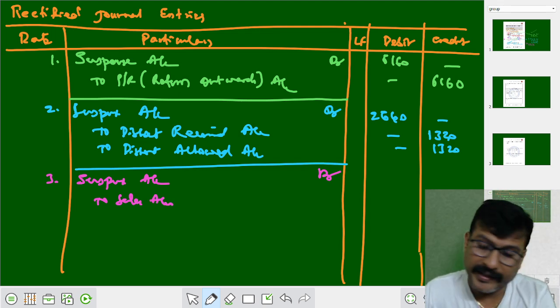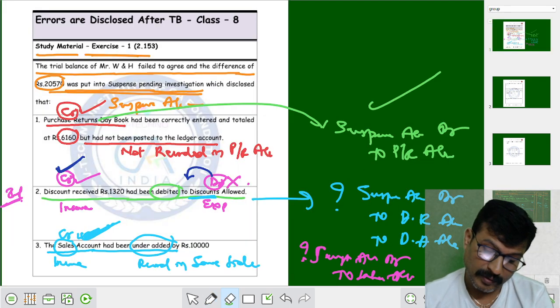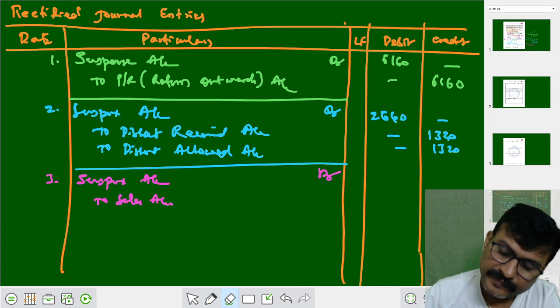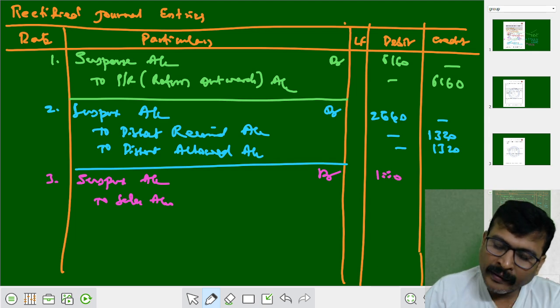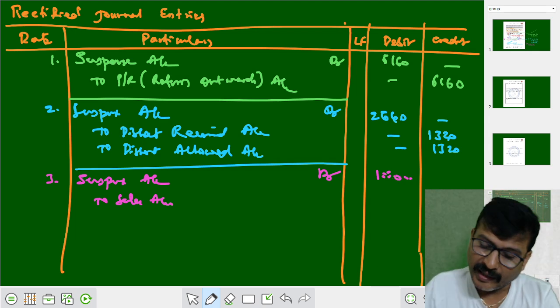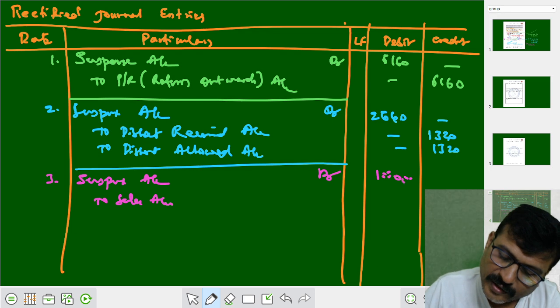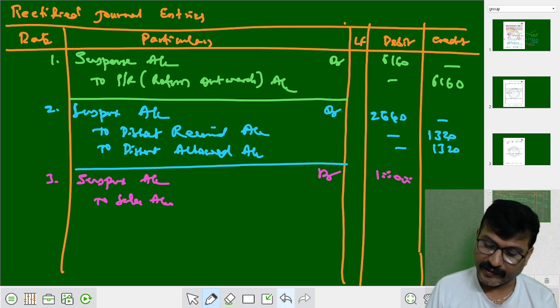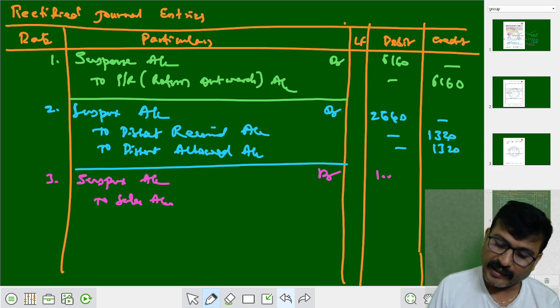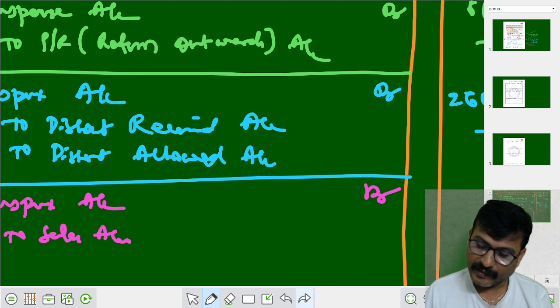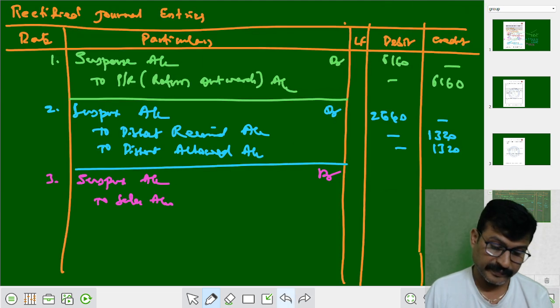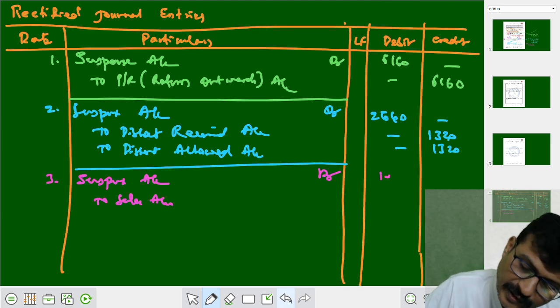How much amount is it? It is an amount of rupees 10,000. Being under cast in sales account is rectified. 10,000, right?